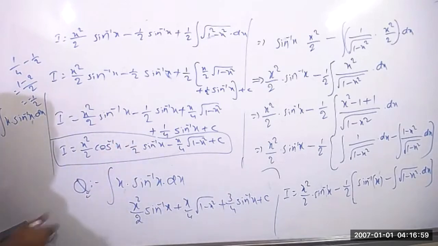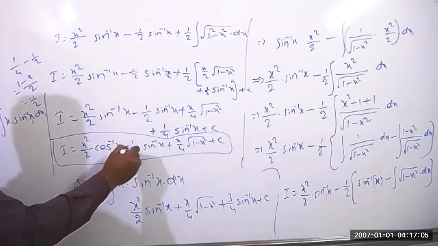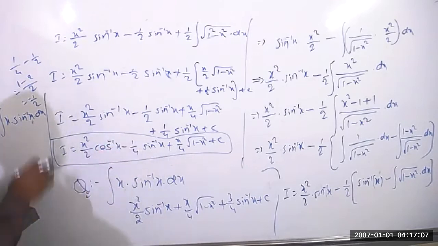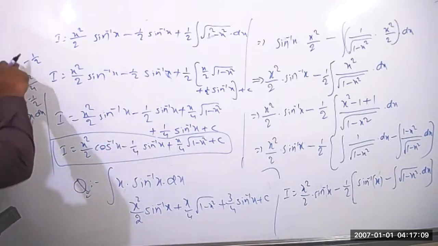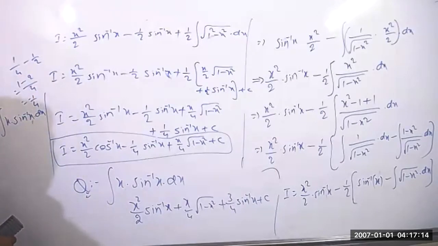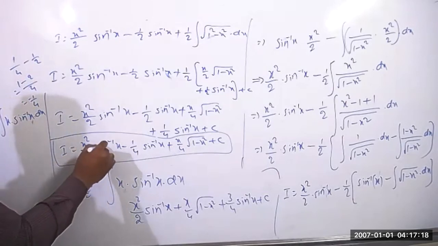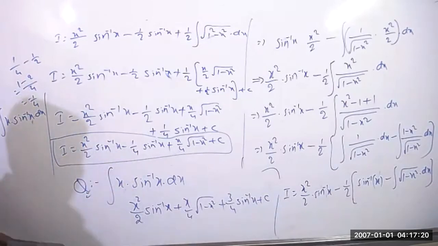Sir, LCM is 4, no, sir. Yes, here 4 means we have the same thing only, 1 minus 2. So minus 1 by 4. Correct? Yes, sir. So this also you can write now sin inverse. It's fine. Maybe that is the answer mistake there. Yes, sir.